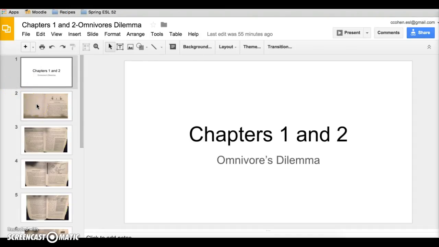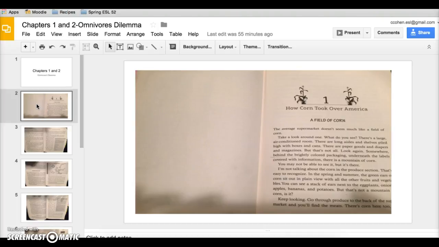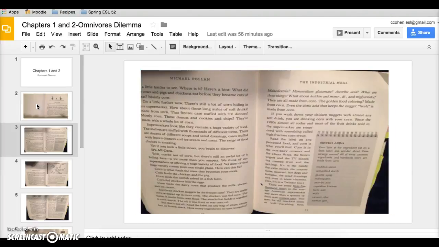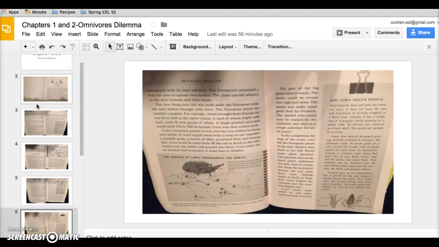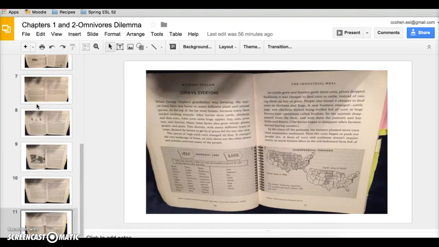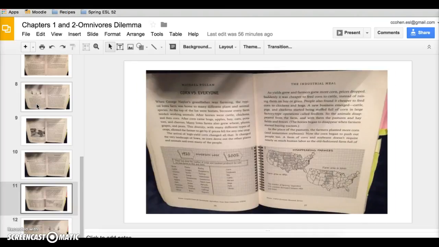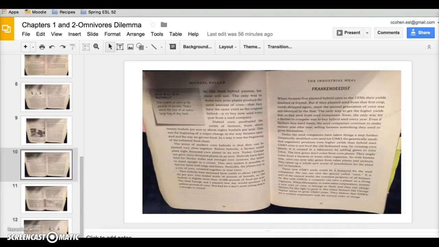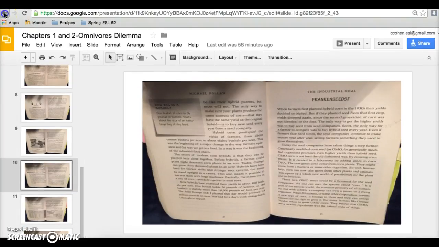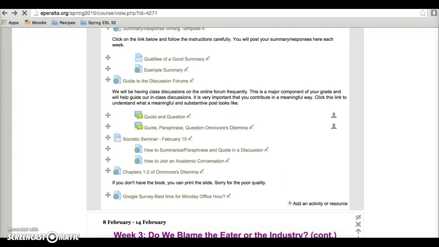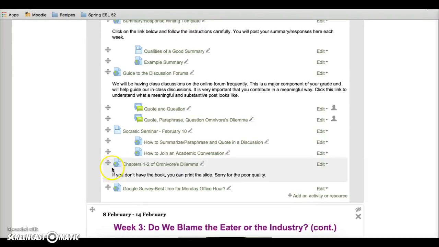I'm sorry, hopefully you can print this out so you can annotate it and refer to the page numbers. Anyway, it goes in order, and you have chapters 1 and 2 completely. So use this if you haven't gotten the book yet. Hopefully you'll have the book by next Wednesday and you can just bring that in.